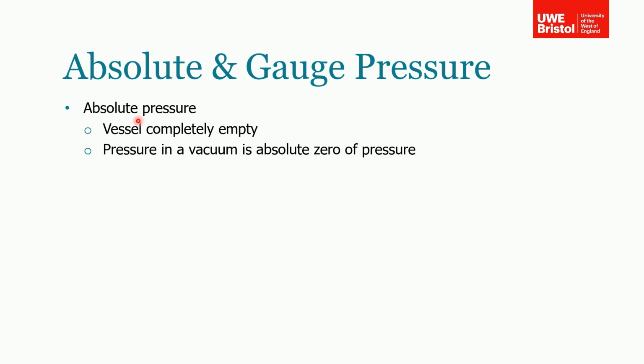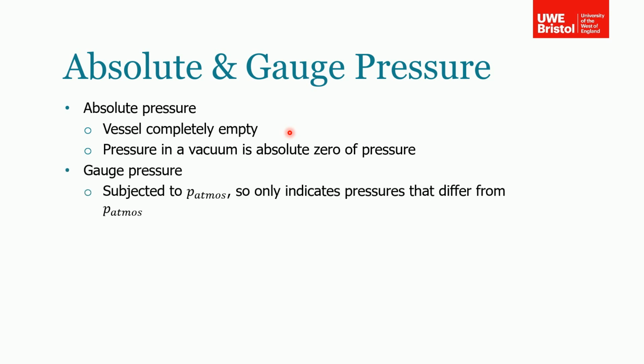So I just need to state the difference now between absolute and gauge pressure. The absolute pressure is kind of the total pressure that's there. So it's the pressure in the volume exerted by any hydrostatic pressure plus the atmospheric pressure.